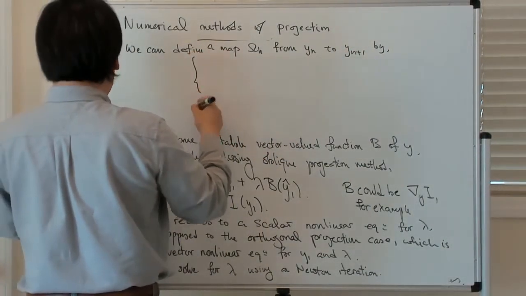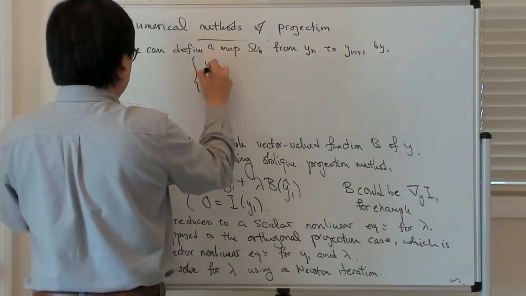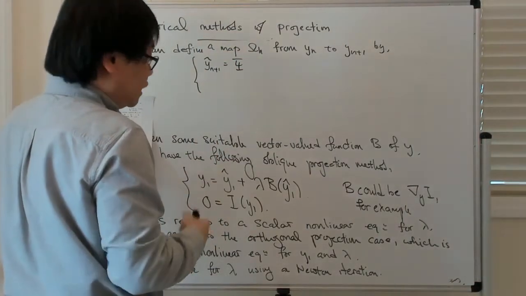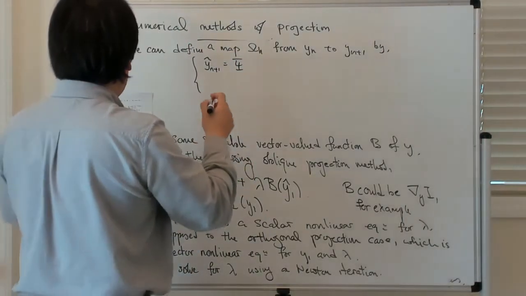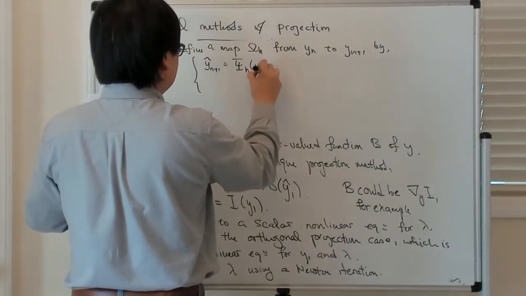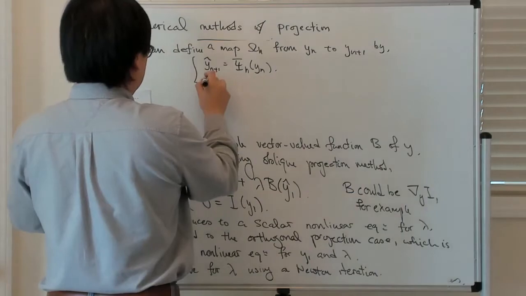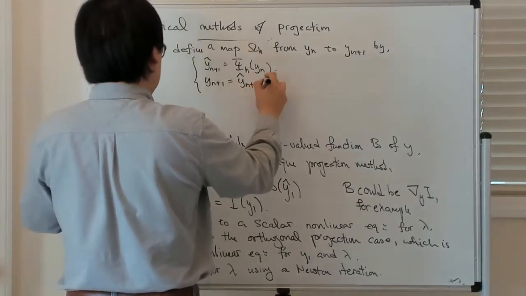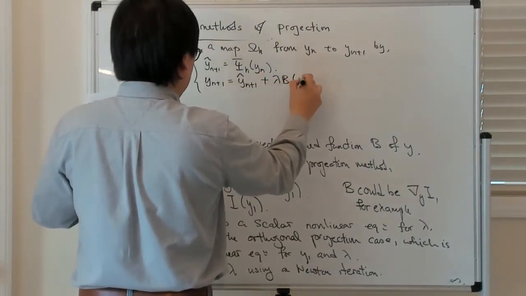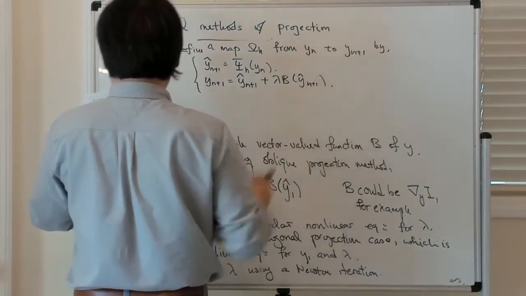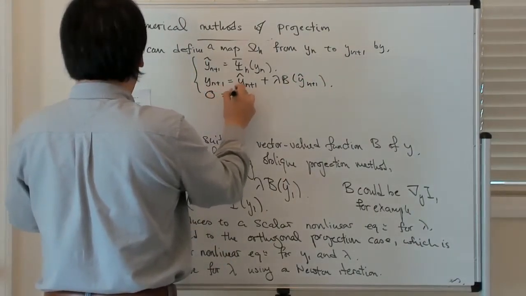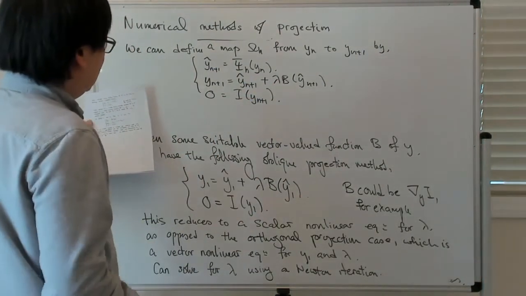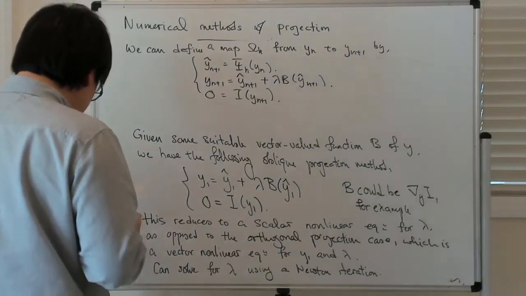You have what is sometimes called a predictor step, yn plus 1 hat, which is just the underlying one-step method of order p applied to the initial condition, which is yn. And then yn plus 1 is equal to yn plus 1 hat plus lambda b of yn plus 1 hat. And then you have the condition that yn plus 1 is on the zero level set of the first integral, which is what you want.